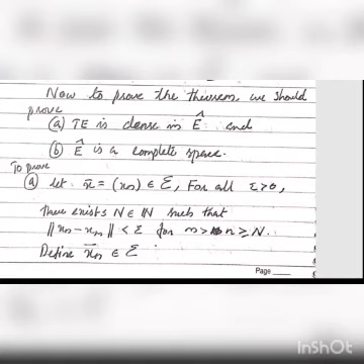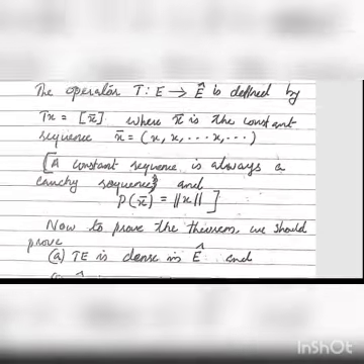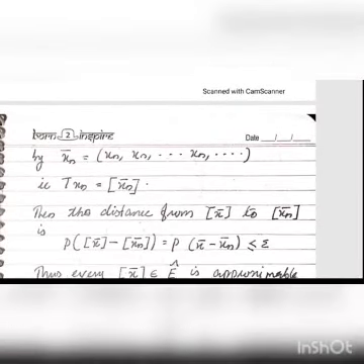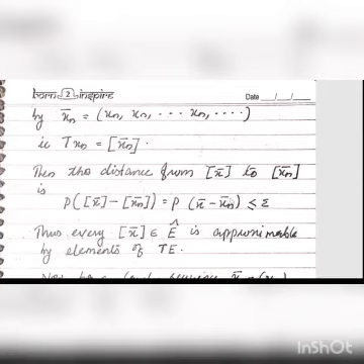And we have found that x_n minus x_n bar, see, x_n bar is equal to x, x, x, etc. And here we are taking this quantity x bar minus x_n bar. So it should be always less than or equal to epsilon. Thus, every x bar belonging to E hat is approximable by elements of TE.